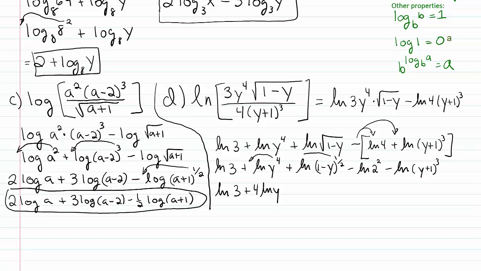The half will come out in front to make it plus 1/2 ln of 1 minus y. Then the 2 will come out in front here to be minus 2 ln of 2. And then the 3 will come out in front here to be minus 3 ln of y plus 1. And after all of that, we are finally finished. We've written this in the simplest form that it can achieve.